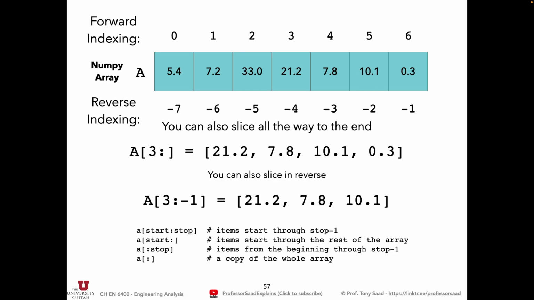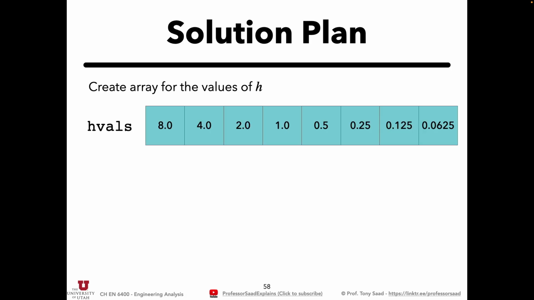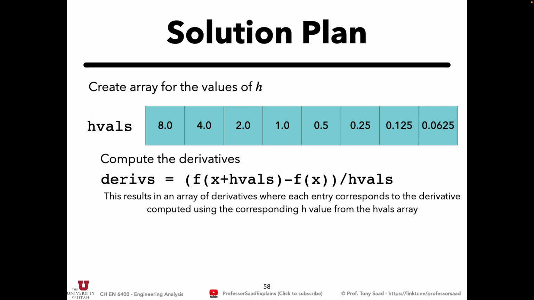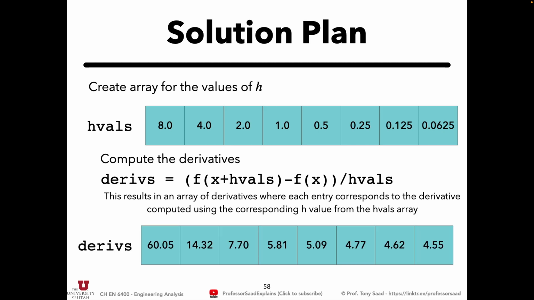Okay, so now let's go back to our solution plan. Remember, those were our h values. There's an extra one here that I didn't put in the code. Next, we computed the derivatives, and we did this directly vectorized. We did the function f(x plus h) minus f(x) over h. And the result was an array that contained these derivatives.